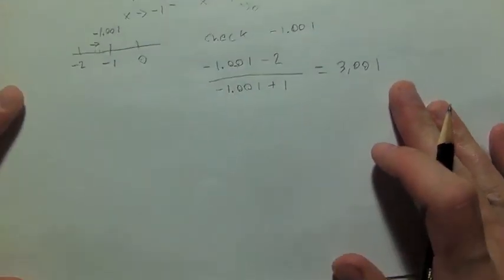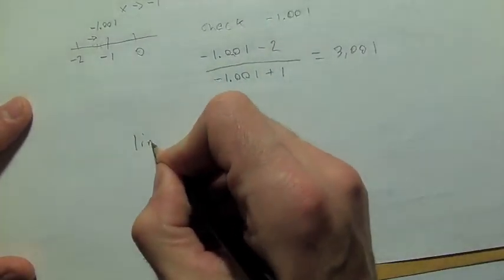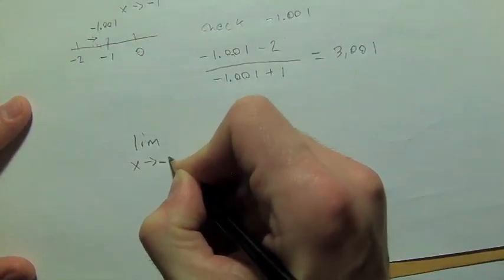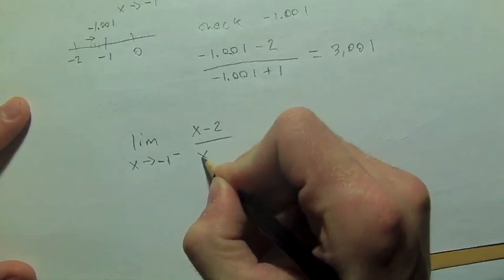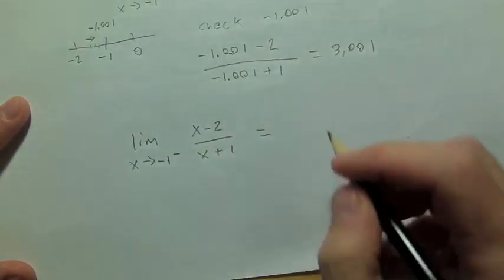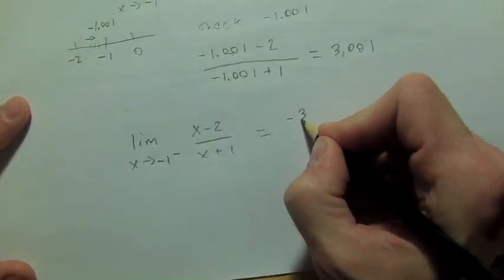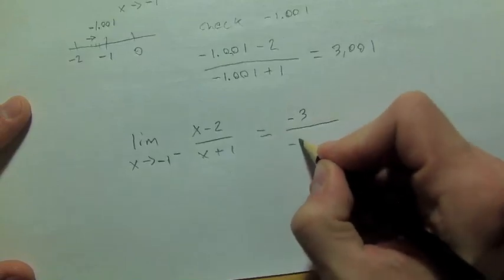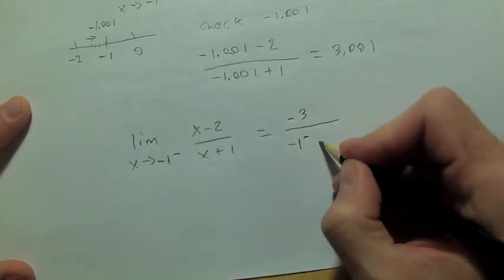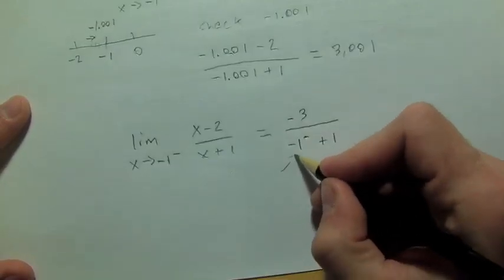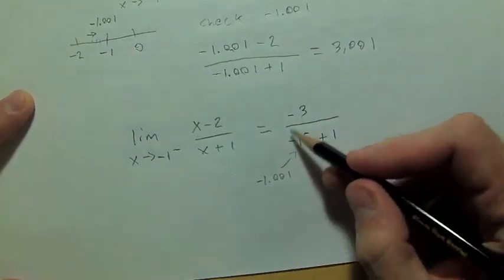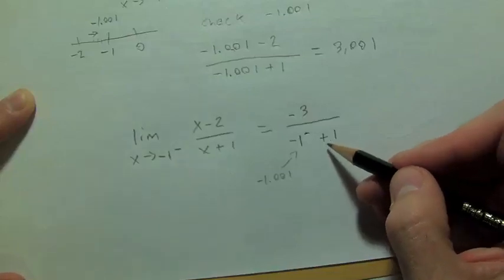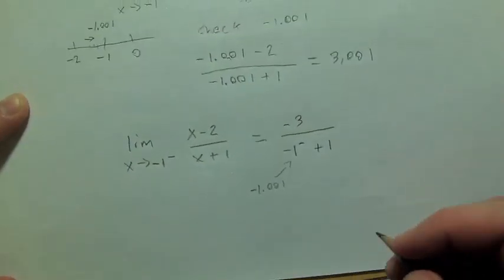And again, the other way you can check this is using logic. It's a little tougher on this example, as I said, but again, the top is going to go to negative 3. The bottom, well, this is negative 1 from the negative side plus 1. And again, these are things like negative 1.001. So we're actually subtracting something larger than 1 when we do this.